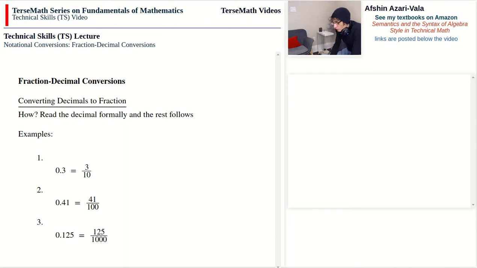Now sometimes you might be able to reduce your fraction, of course, and this is the case for 125 thousandths. You can try to reduce in one step. There is nothing wrong with taking multiple steps to reduce, as I've said in the videos on fractions.